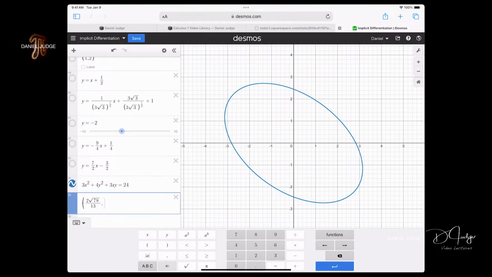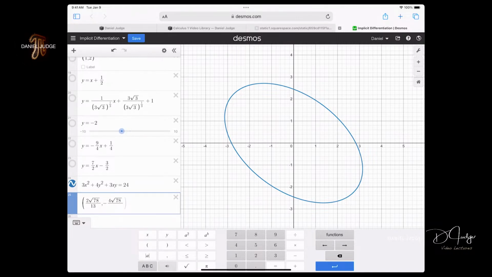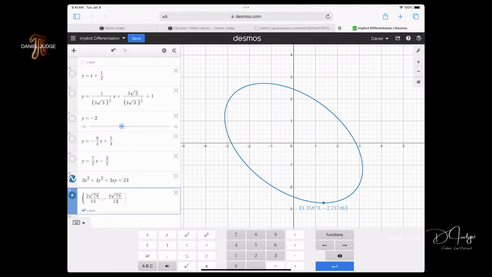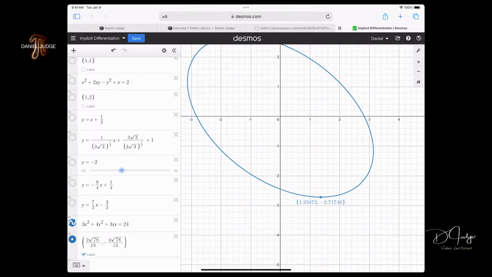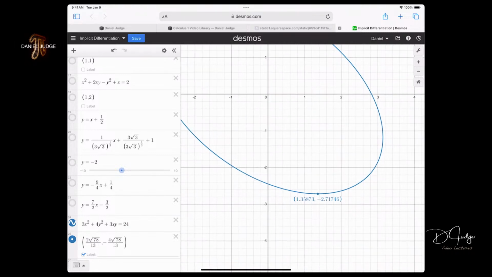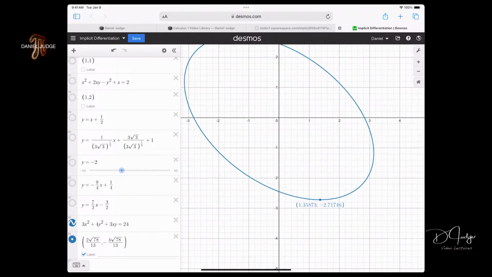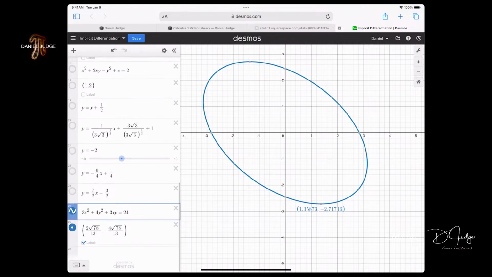The next location was negative 4 square root of 78 over 13. So I'm going to label that location. As you can see in this picture, it is a point on the curve. That's the location.